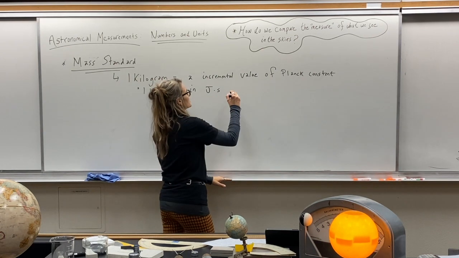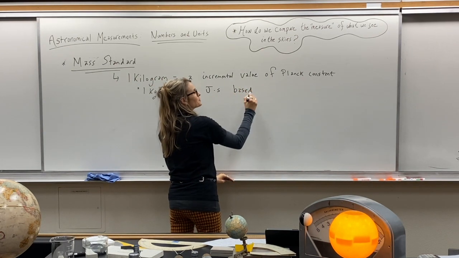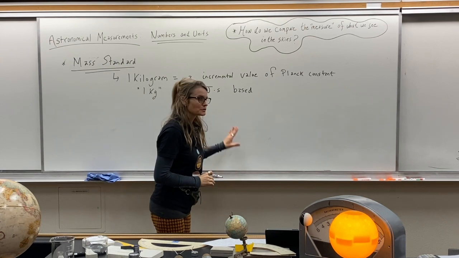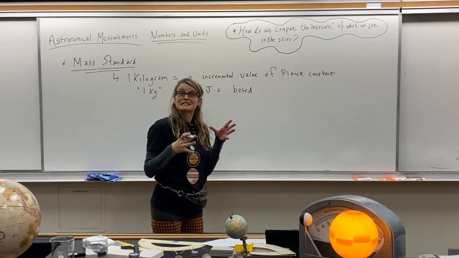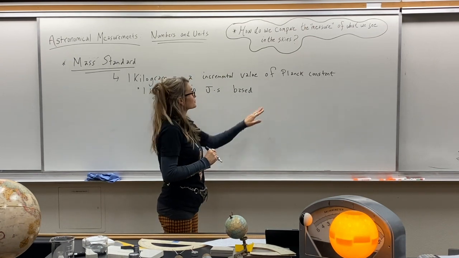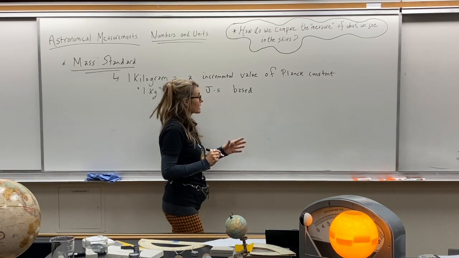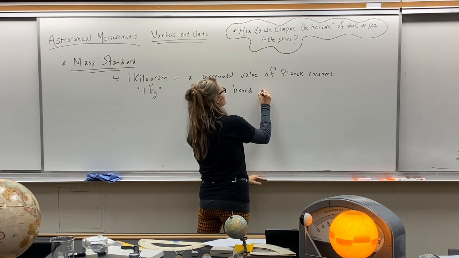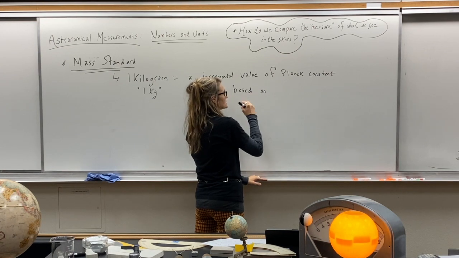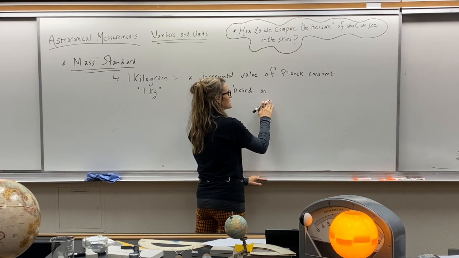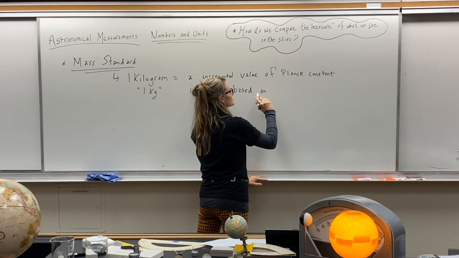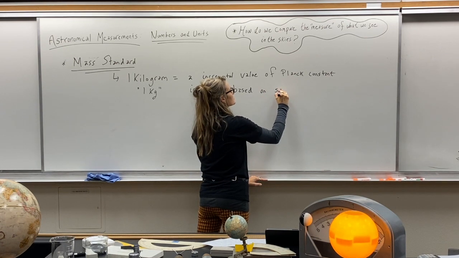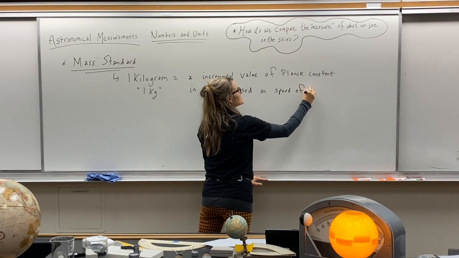A joule is a measure of energy. It's really based on quantum mechanical principles, so don't worry if you don't understand this. Just know that it's based on this fundamental idea of something called the Planck constant, transition frequencies, and the speed of light.